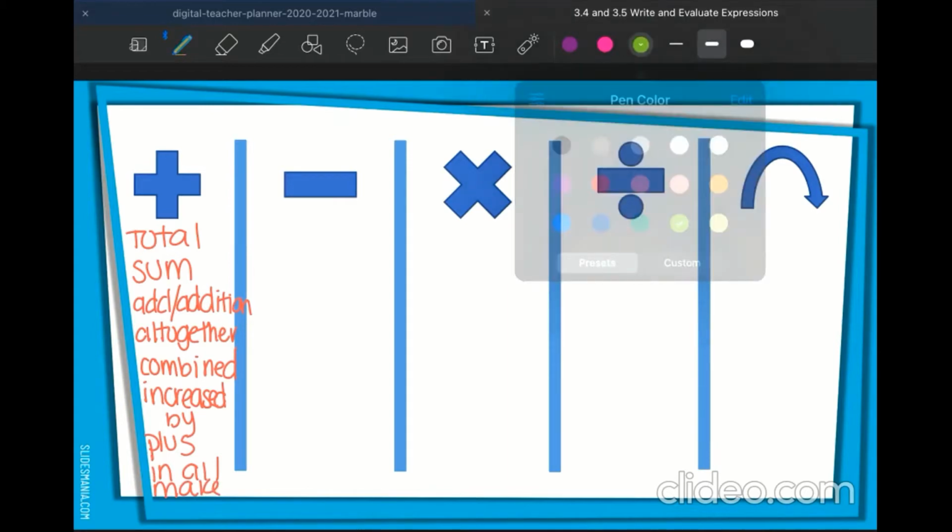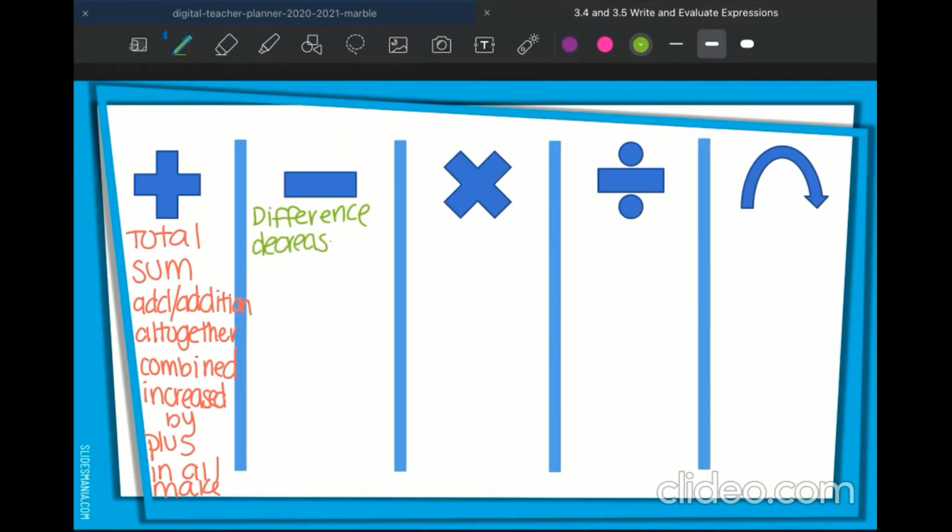Okay, what are some words that could tell me to subtract? Subtract. Olivia? Difference. Online people, please feel free to type some out in the chat. Kaden. Decrease by. That's a good one. Maddie. We're going to save less than for a minute.